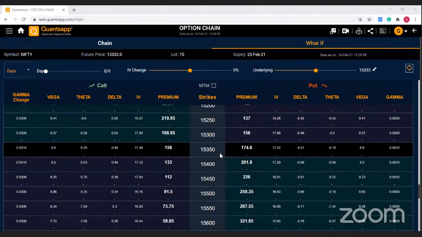So now I think we'll take this small recap about the option Greeks, and how they can actually affect the option premium. First and foremost comes the underlying effect, that is called the delta. You might have heard that delta will affect your option in a positive or negative way depending on the stock movement.